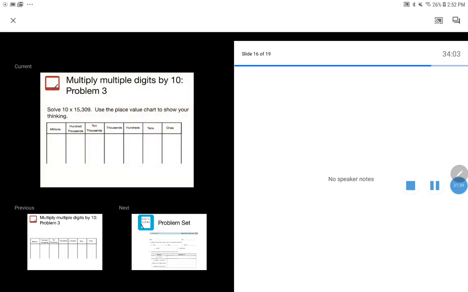All right. Let's do another one. This is the last one. Solve 10 times 15,309. I'm going to come around while you do that on your work mat. Use your work mat to solve. I'm going to come around and check your thinking.